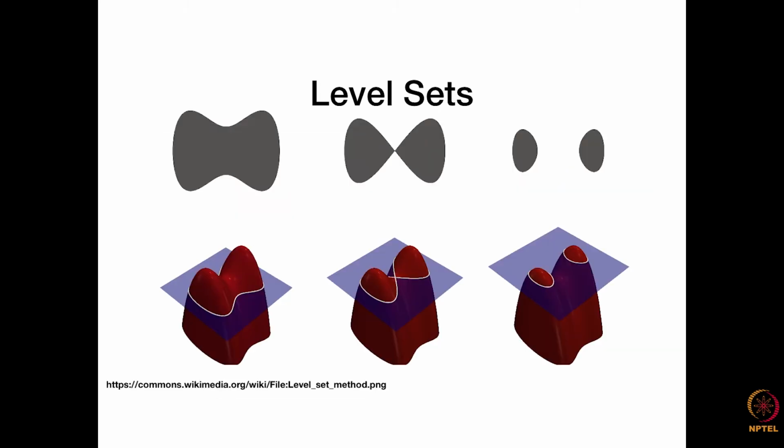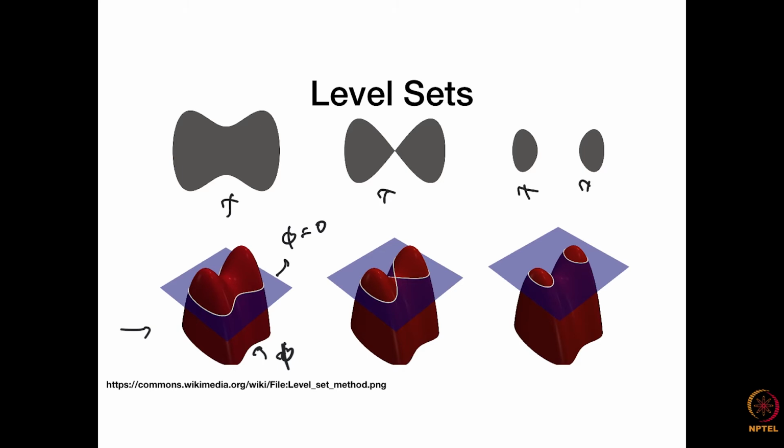So for instance, these are some of the ways you can get different curves, like segmentations that contain multiple objects. This red is the phi, shown as a height function, and the plane where you are cutting corresponds to phi equal to 0. Depending on where the plane cuts through, you can get different types of shapes.